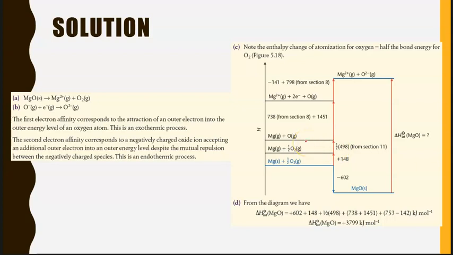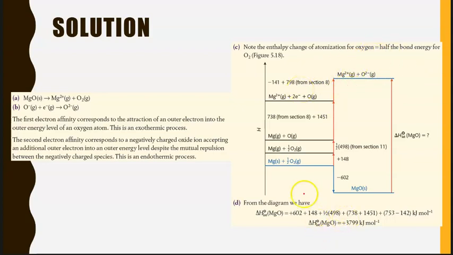Then we're going to here look at the ionization of the magnesium. So that's going to be 738 plus 1451. Remember, we have both stages for those, the 2 ionizations, and then we have the formation of the electron affinities as well.